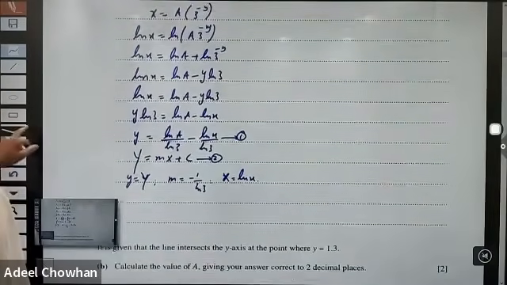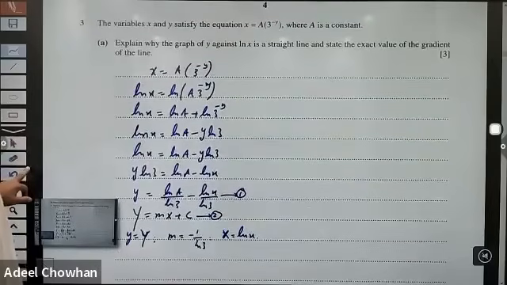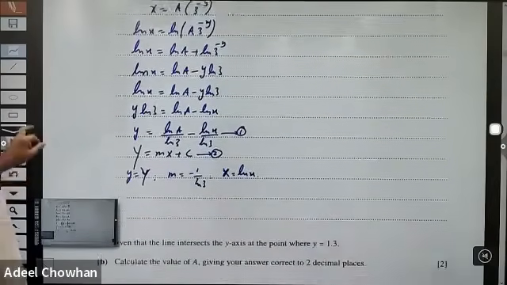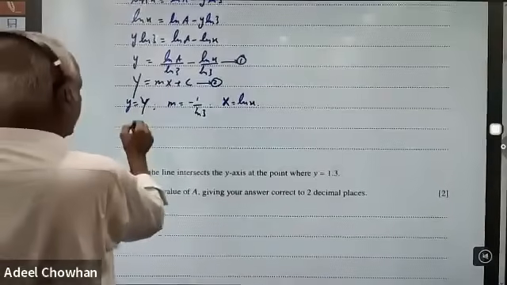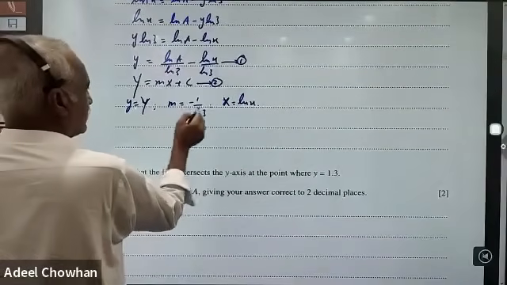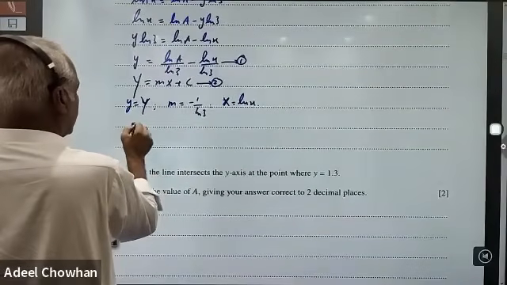Now they are also asking us to state the exact value of the gradient of this line. So the gradient of this line is basically equal to minus 1 over log of 3.